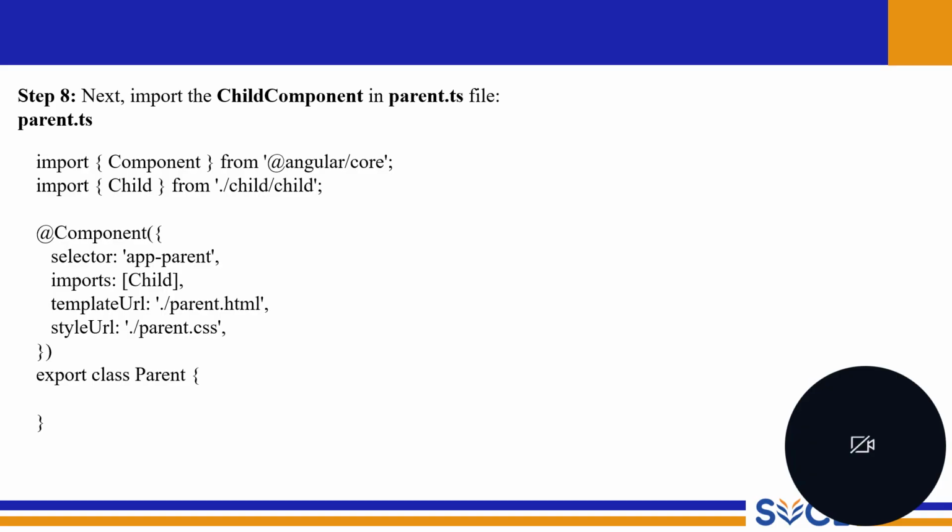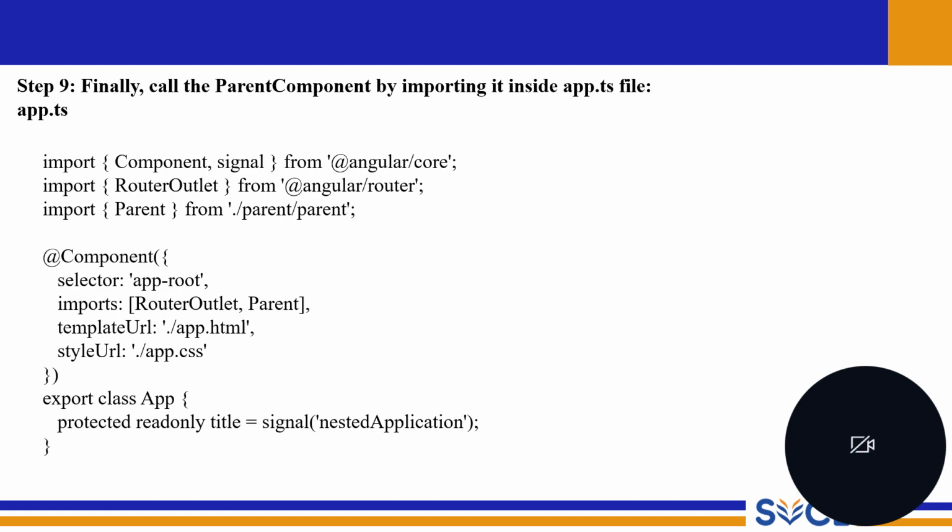The parent.ts file contains these parameters. In step 9, finally call the parent component by importing it inside the app.ts file.